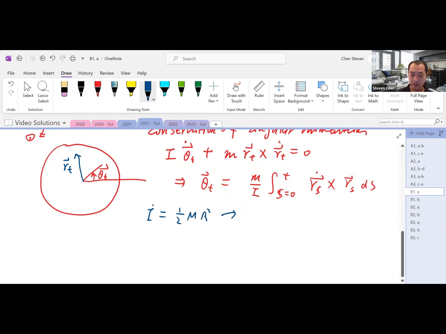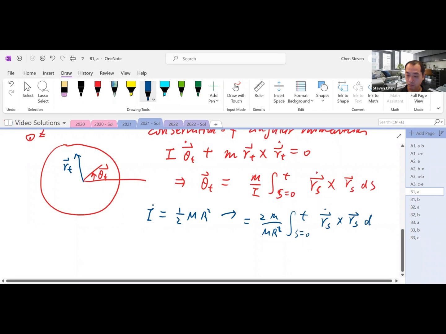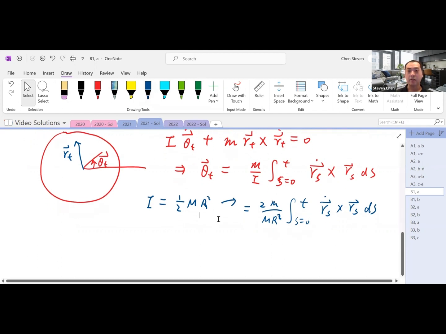So if you plug it into the equation above, we get the following. So this is the general formula for the disk's angular displacement.